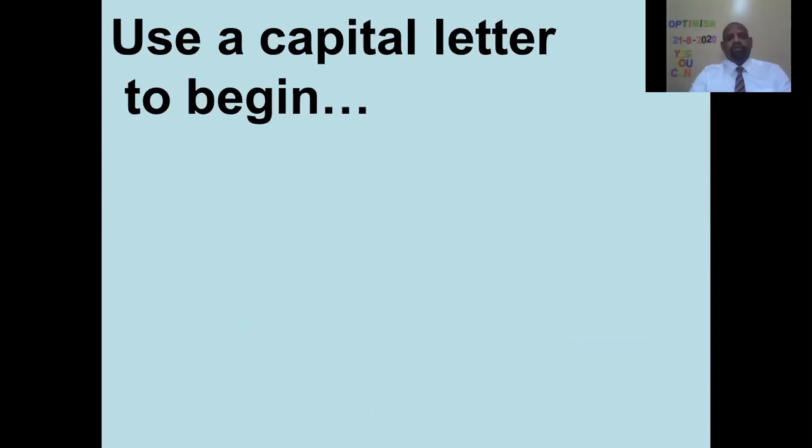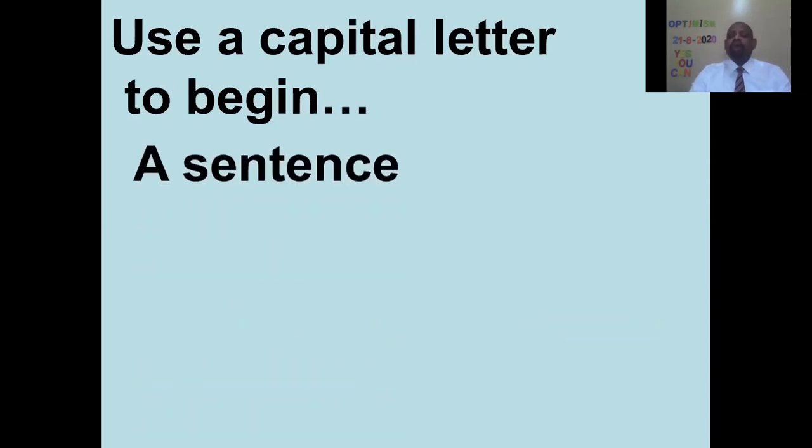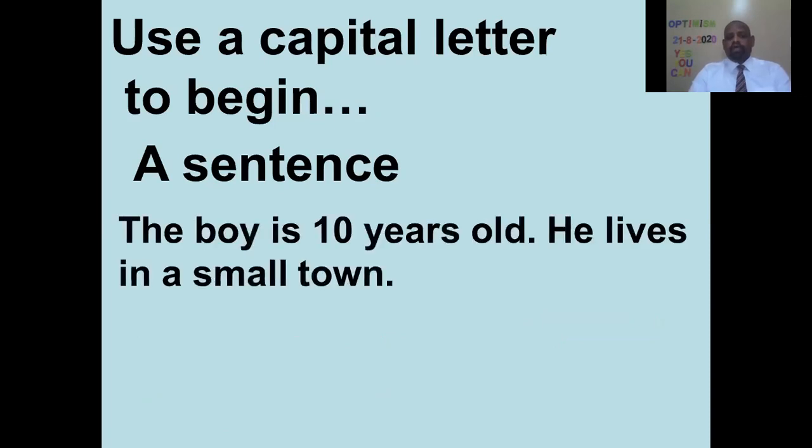Very nice. Use a capital letter to begin a sentence. Every sentence in English begins with a capital letter and ends with a full stop. The boy is 10 years old. He lives in a small town. You see here the letter T is capitalized because it's at the beginning of a sentence.